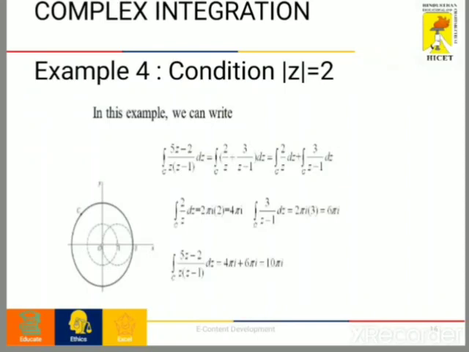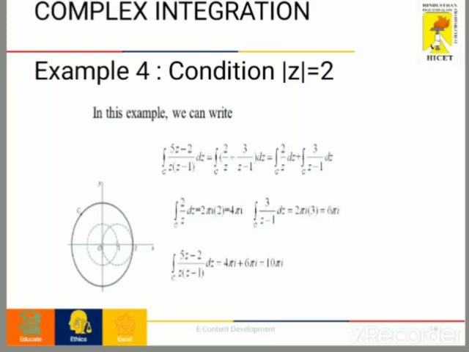The next question is, suppose for a given condition modulus z equal to 2 and the problem is integral over c 5z minus 2 by z into z minus 1 into dz.